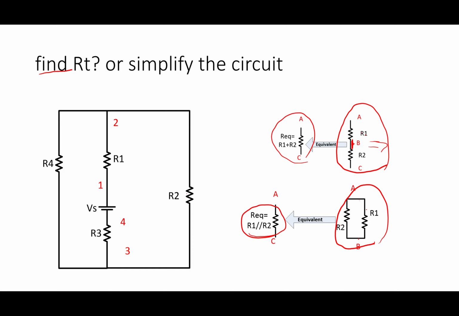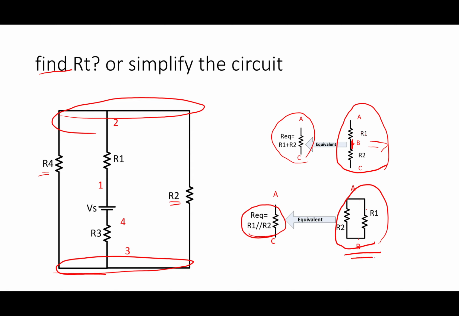If you look at R2 and R4, both of them are connected across node 2 and node 3. There is similarity between this model circuit and the circuit we are trying to modify.